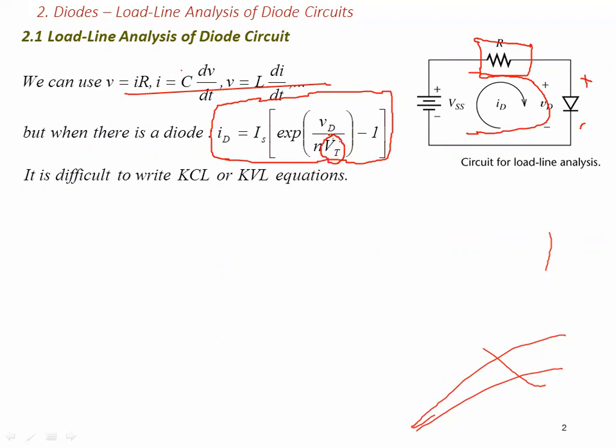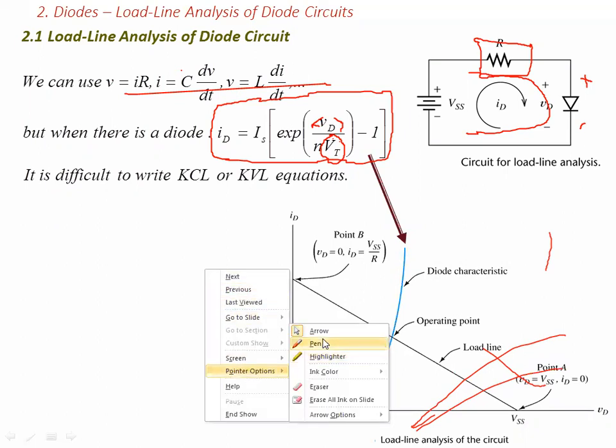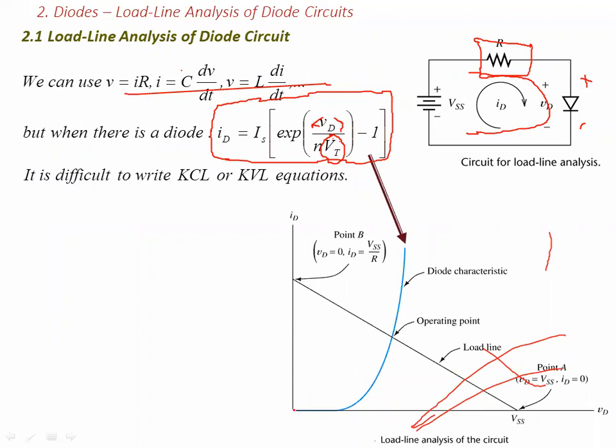So you cannot universally say the voltage across the diode is this much, and it is also a function of the voltage impressed across the diode, which is VD, right? So it will be very difficult for us to write voltage equations or current equations for that kind of circuit. Now, the scenarios that we meet when we look at this kind of situation are where we have the voltage across the diode being 0.